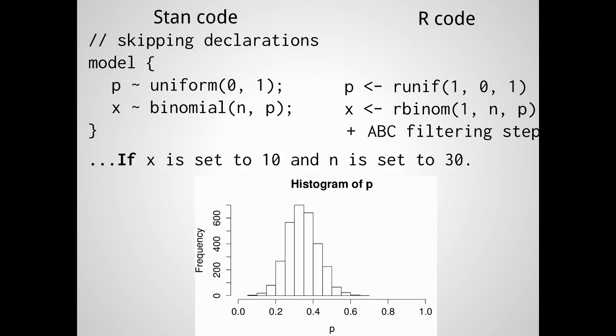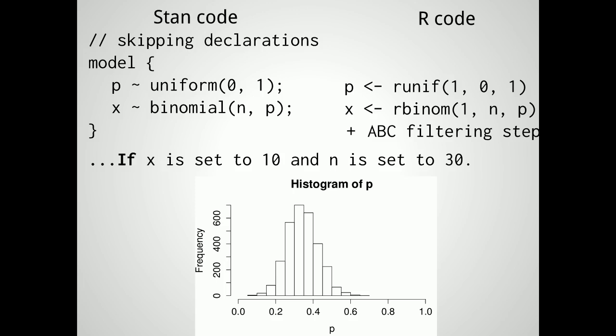That is, Stan will generate draws from the posterior distribution of p given the model and the data, x equals 10. The result which you can see in the histogram. A difference here is, of course, that running the Stan program is going to be much more efficient than running the approximate Bayesian computation routine in R.